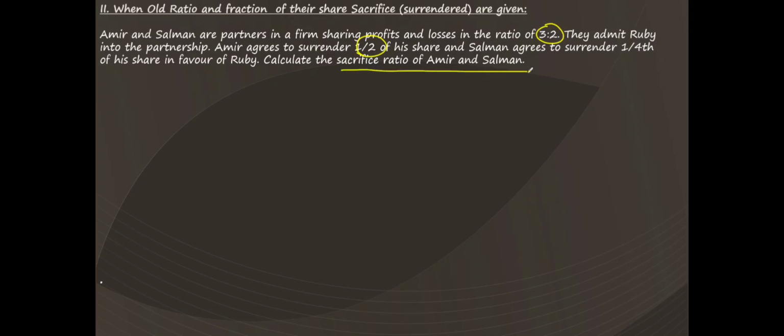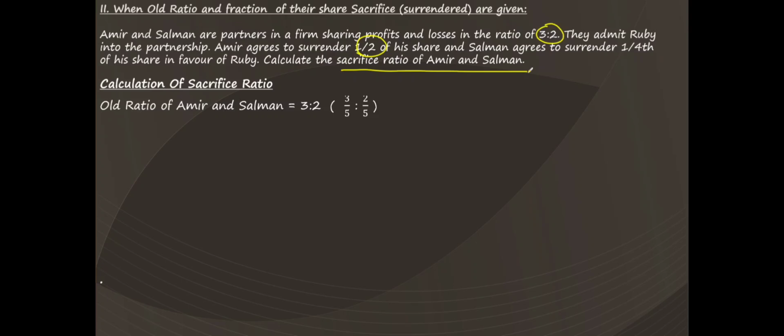So now let us see the calculation of sacrifice ratio. The given information is the old ratio of Amir and Salman, given as 3:2. So the total will be 5, and we can write the ratio as 3 by 5 and 2 by 5. The next information given to us is the sacrificed fraction by the old partners.